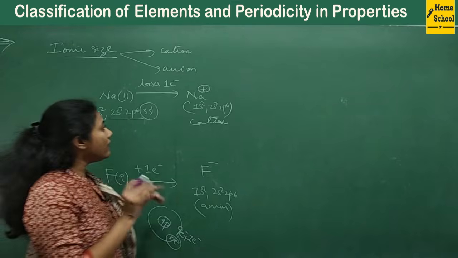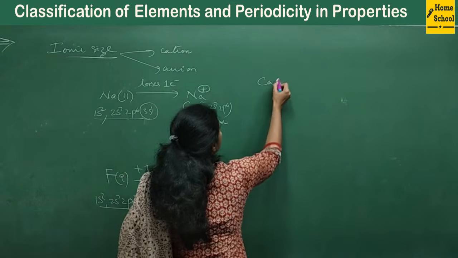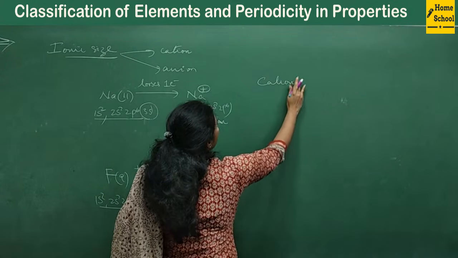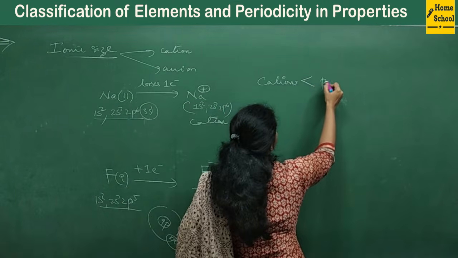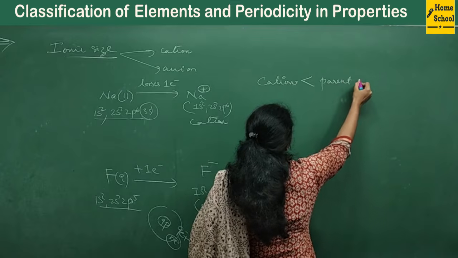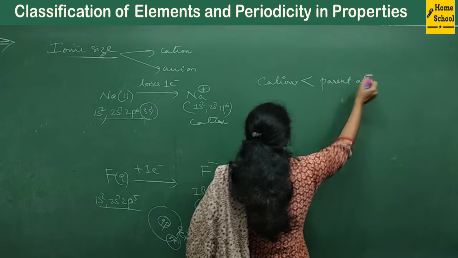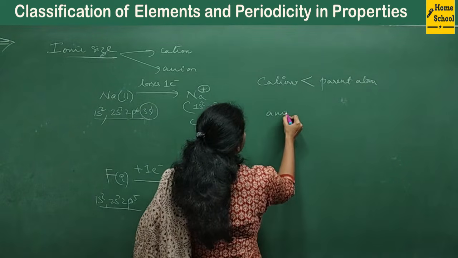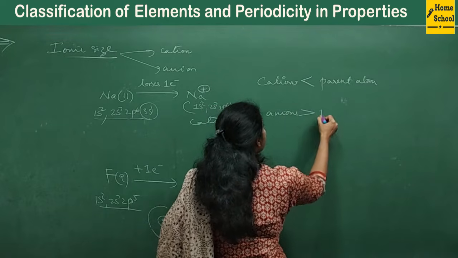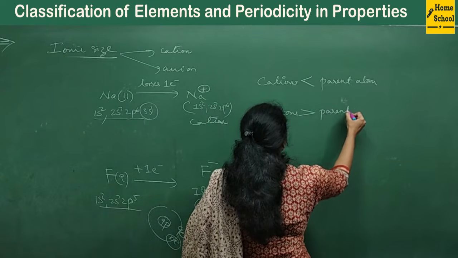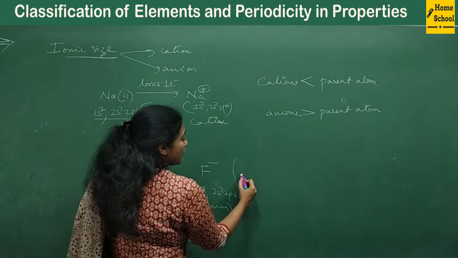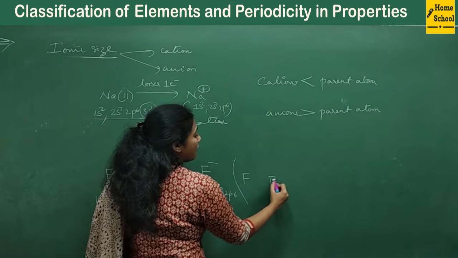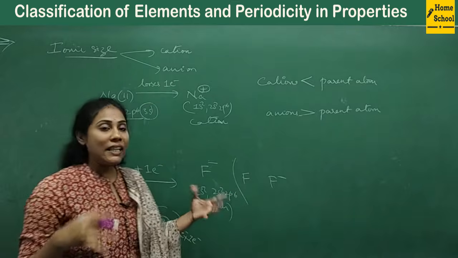Okay, and always remember cations are always smaller than the parent atom. Okay, whereas anions are always bigger than the parent atom. This is really very important. That means if I ask you between F and F minus, which one is bigger in size?